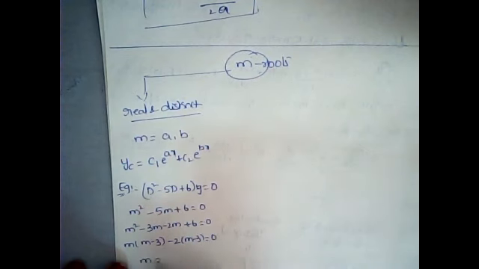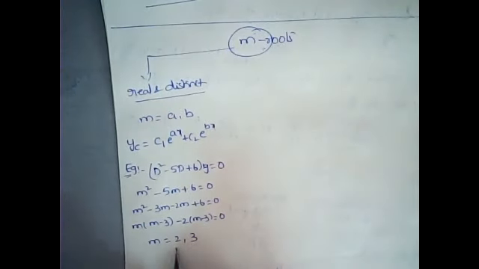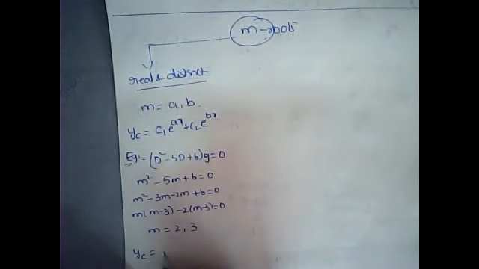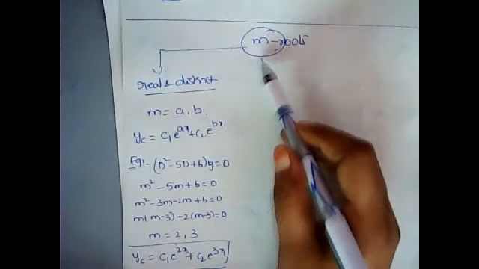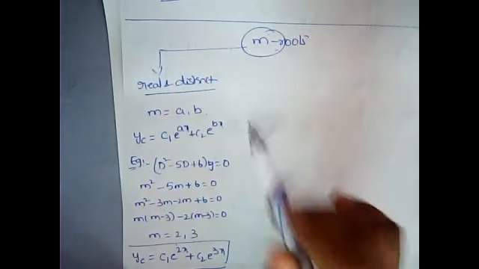So m is equal to 2, 3, where the m roots are real and distinct. So I need to take yc as c1 e power 2x plus c2 e power 3x. This is for m roots which are real and distinct.